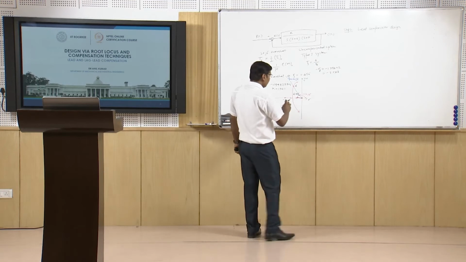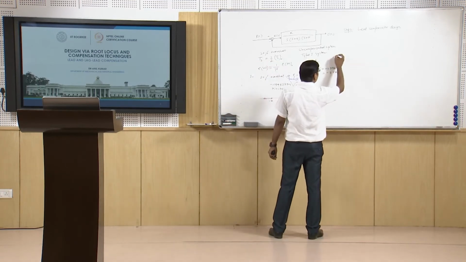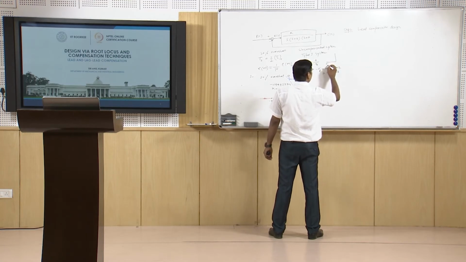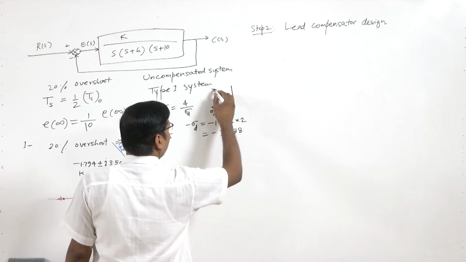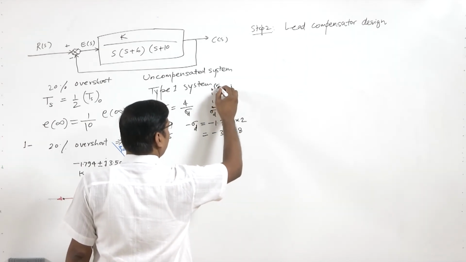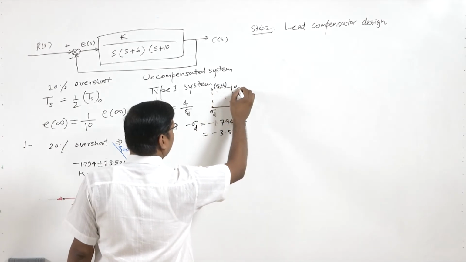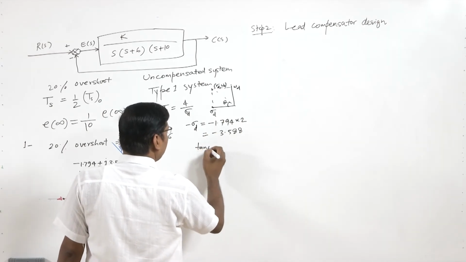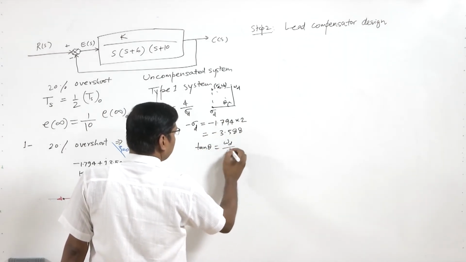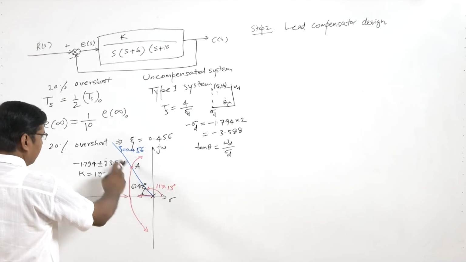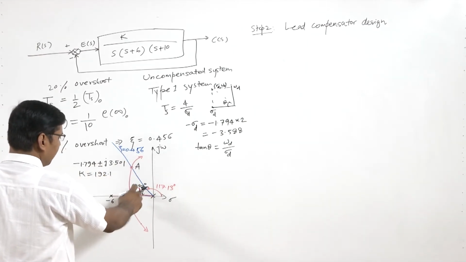Now we know sigma d, and this is omega d. So here is sigma d, omega d, and this is theta. So here tan theta equal to omega d by sigma d. So this is tan theta, that is this damping equal to 0.456 line, that is 62.87.